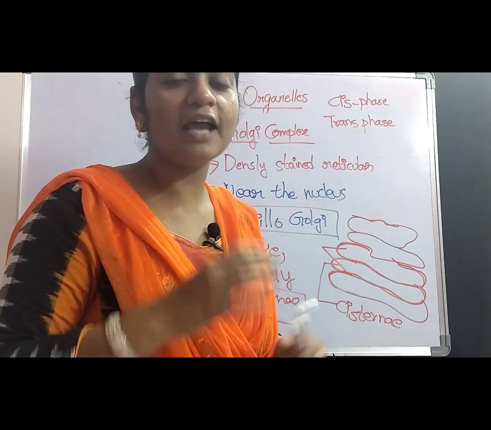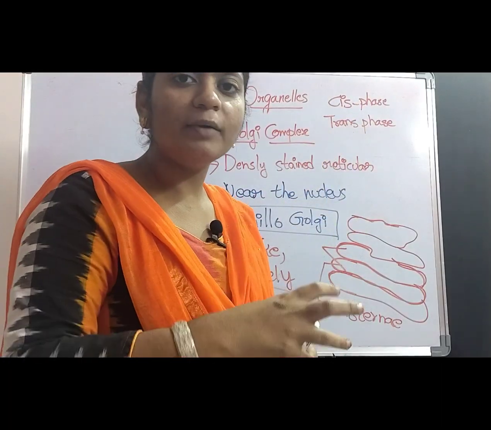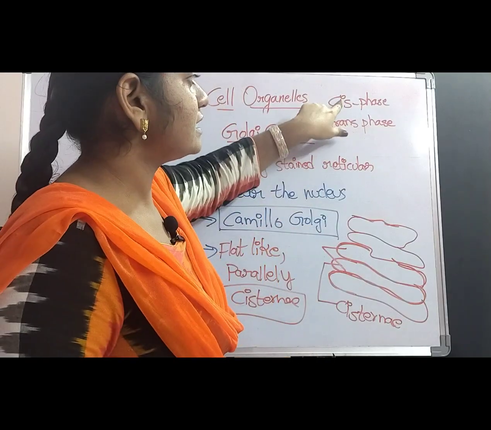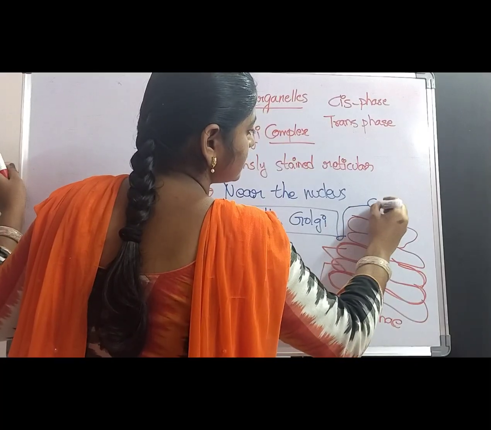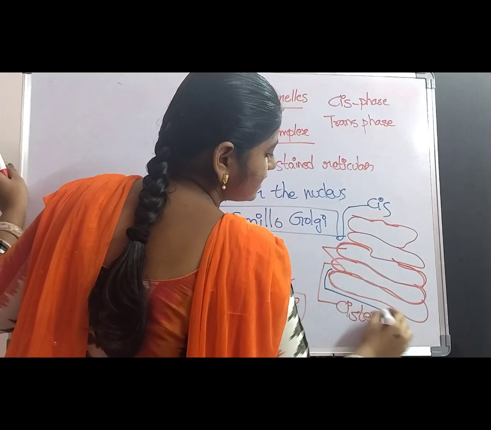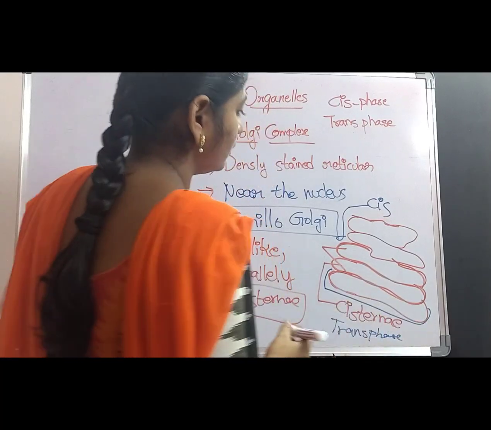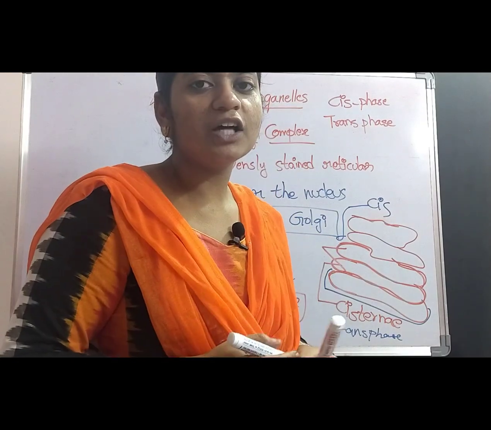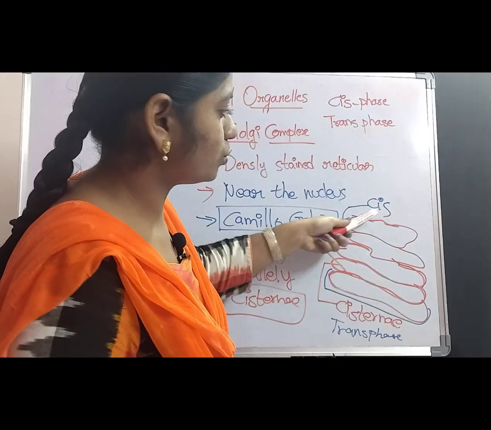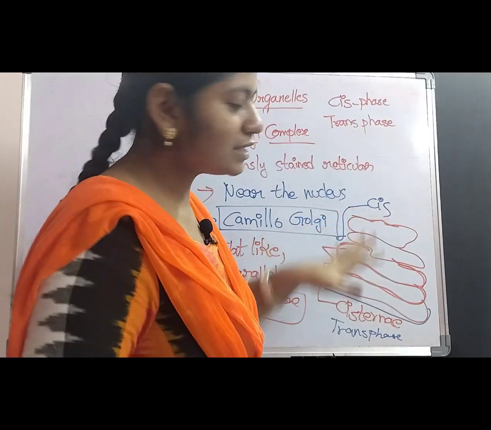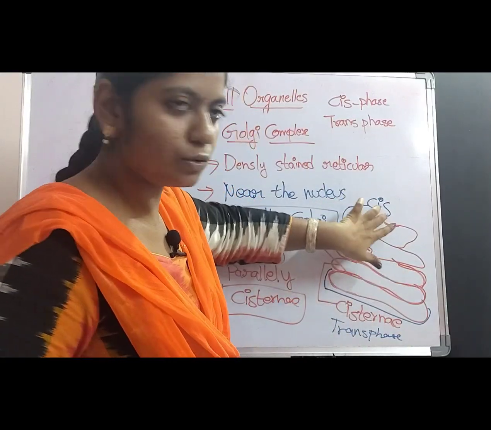Why do they enter the cis phase and exit from the trans phase? The proteins and lipids which are formed in the endoplasmic reticulum enter into the cis phase, so this region is called the cis phase, and the exit point is called the trans phase.